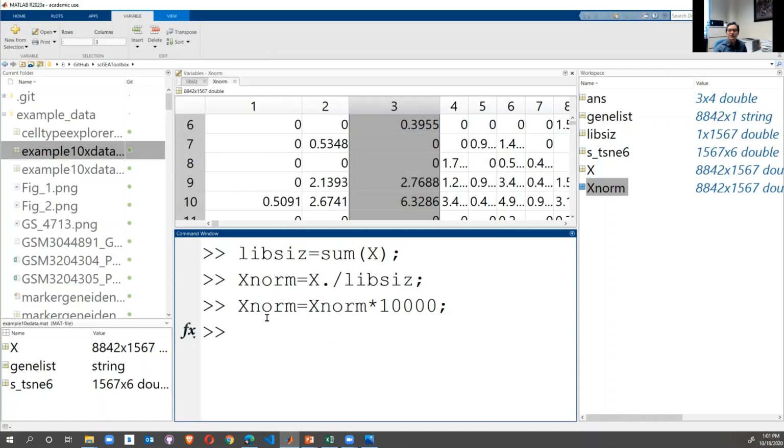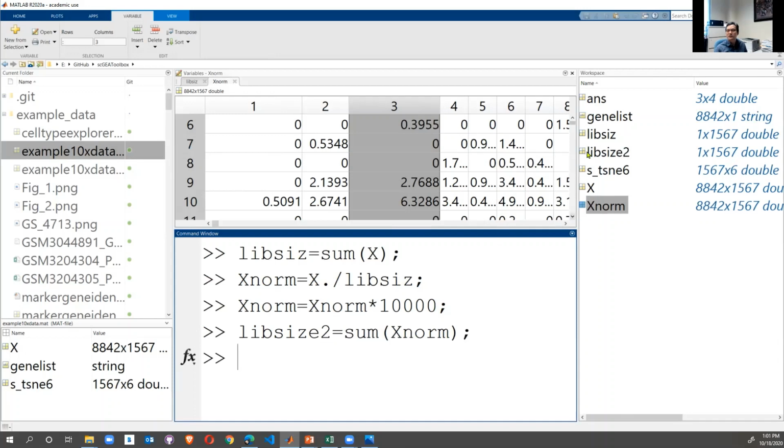Okay, now I can validate, see after normalization whether the library size will be the same, because the whole purpose of the library size normalization is to rescale the library size for each cell accordingly, and then at the end, across all the cells, we have the same library size. So if I do sum of X norm, and then library size 2, so I recompute library size across the normalized matrix.